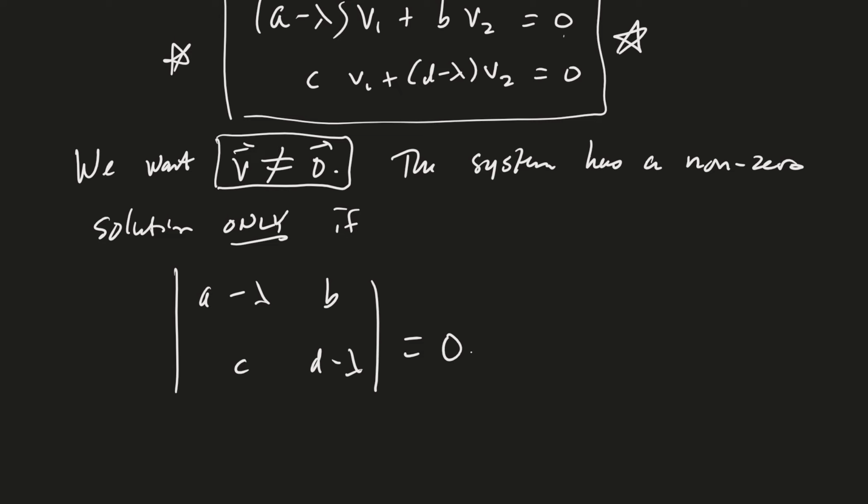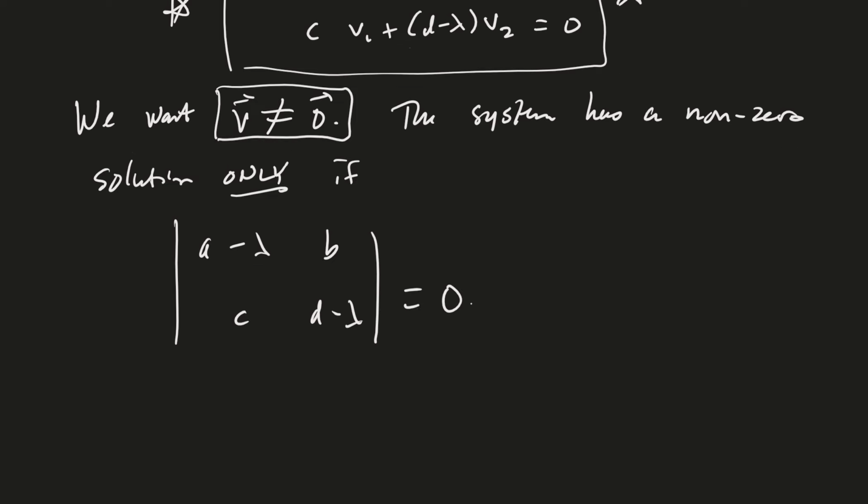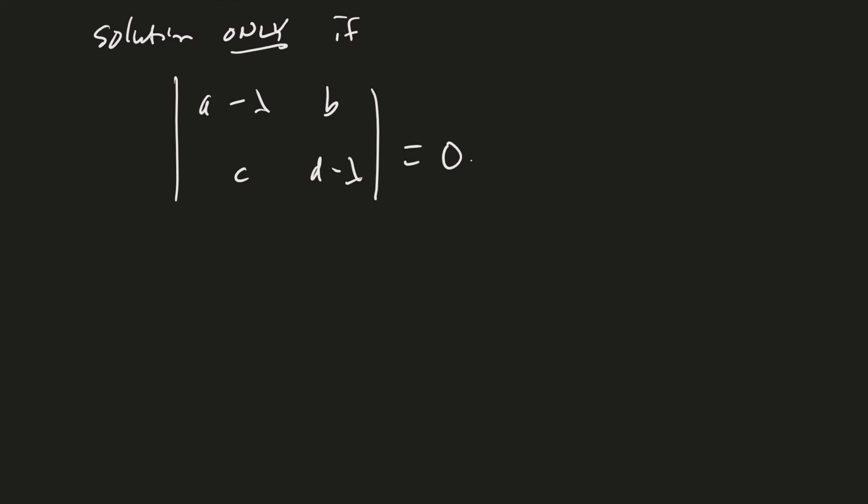Okay, so let's see here. Maybe we'll pause here. Well, I'll help you in one of the homework problems. Let's go ahead and see what happens when I take this determinant. What do I get? a minus lambda times d minus lambda minus bc equals 0.